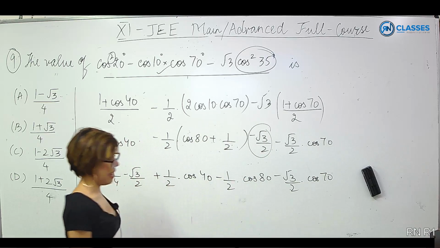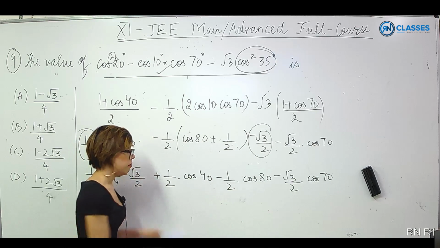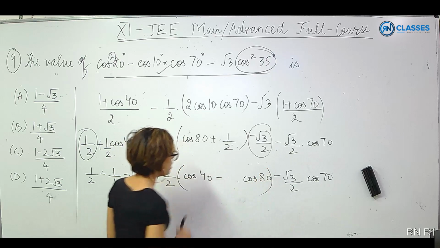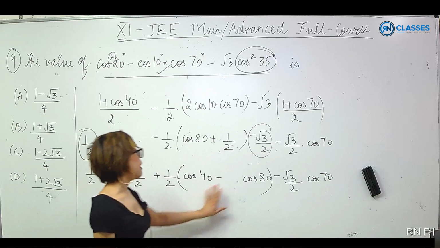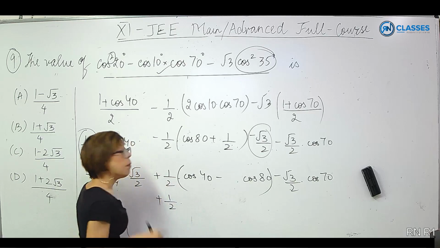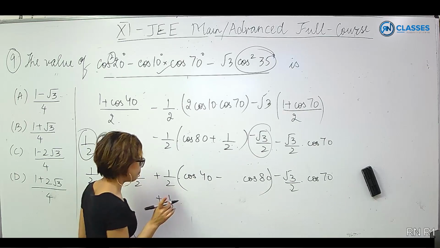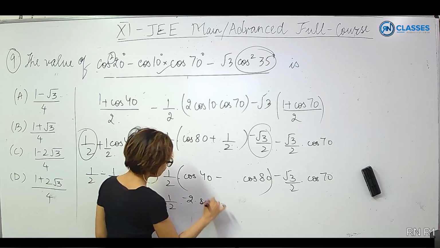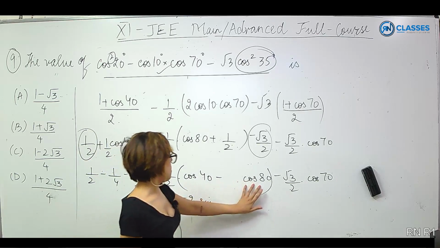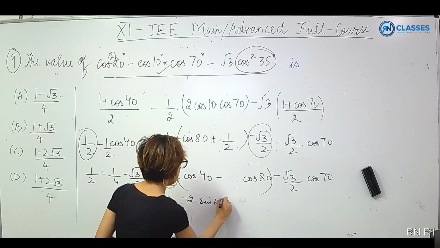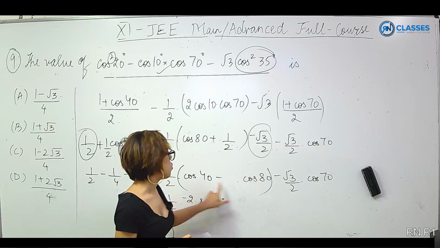Right? Now it's very obvious where I will take common from. Yeah? Right? So let me take 1 by 2 common. I'm left with this. Now again, cos A minus cos B, that is 1 by 2 into minus 2 sin of (A plus B) by 2, so that is 60 degrees, into sin of (A minus B) by 2, so minus 40.